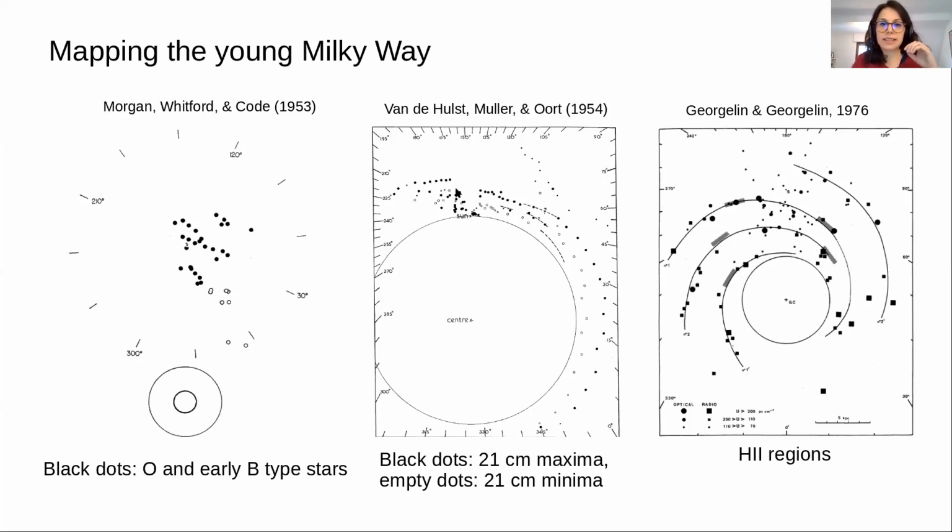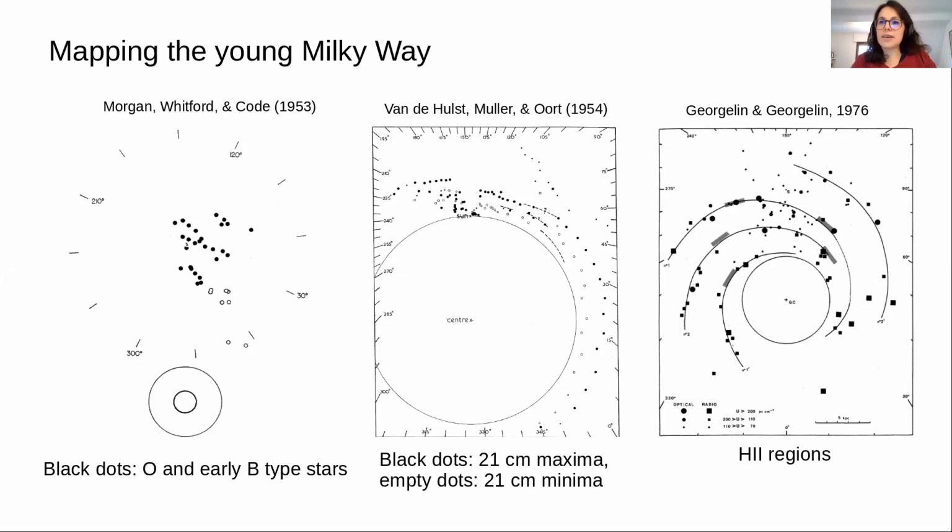The black points correspond to points where the 21 centimeter emission has a maximum, and the empty dots correspond to minima in the 21 centimeter emission. And again, they proposed, for the first time, that they were observing the spiral arm structure of the Milky Way.